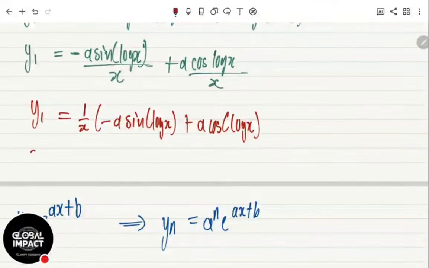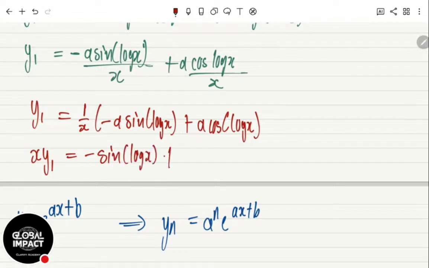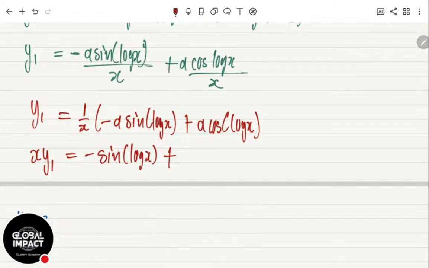This goes to the other side. You'd have x y_1 equal to negative a sin log x plus a cos log x.